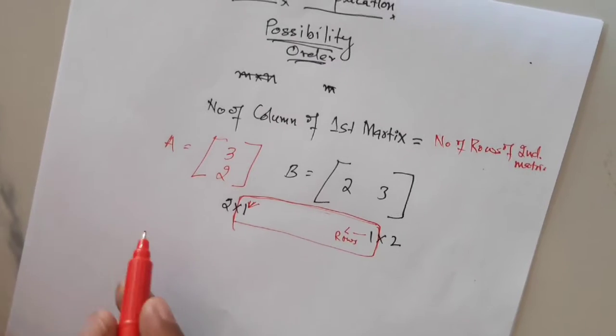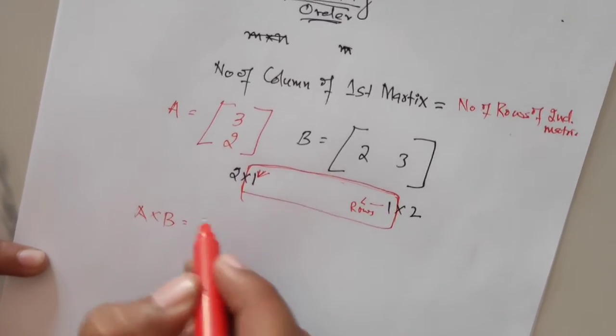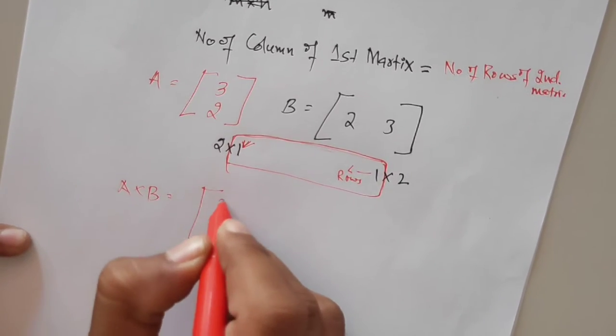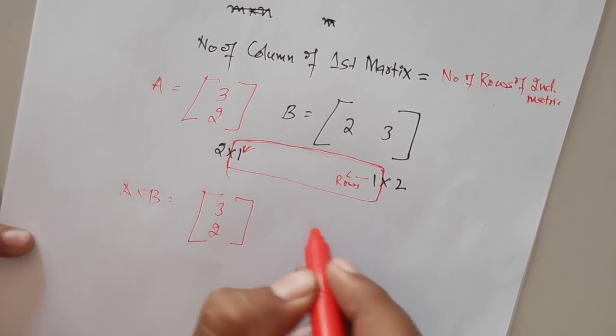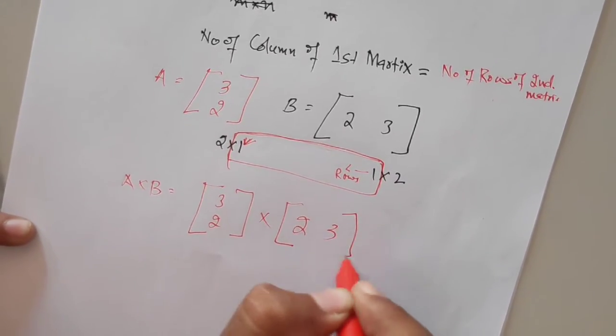So how can we multiply now? First of all, write A multiply B is possible. Here are the members of A, and the second is multiply 2 by 3.